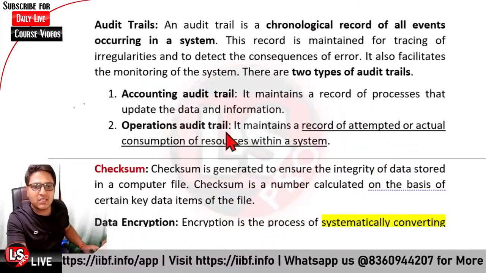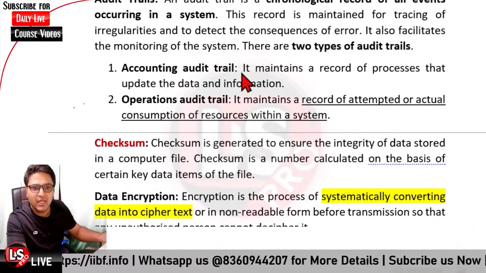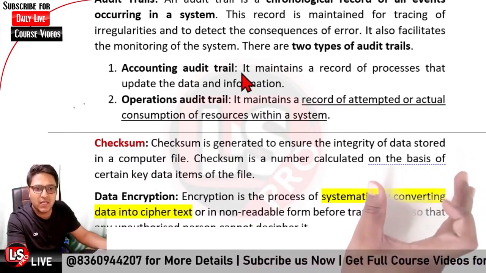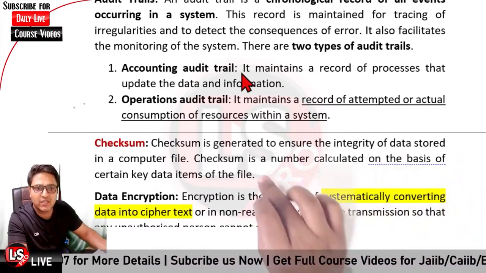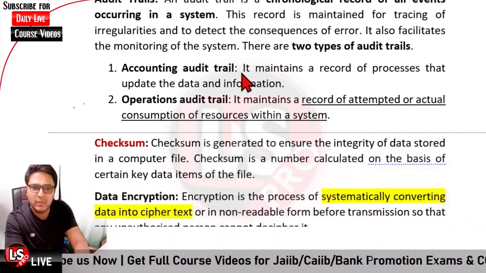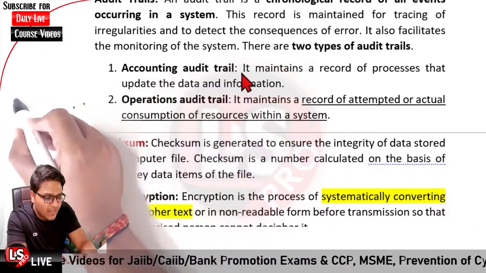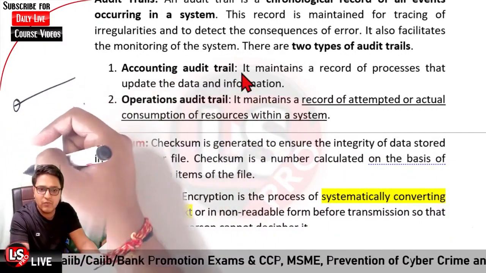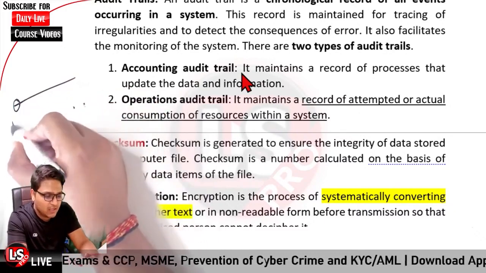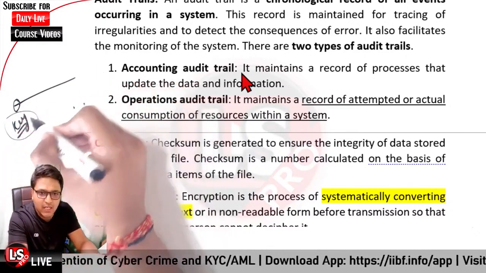Then it is regarding the checksum. So checksum is basically generated to ensure the integrity of data stored in the computer file. Checksum is a number calculated on the basis of certain key data items of the file. Basically, I can make you understand it like this: when some entry is retrieved from the system, a key generates some entry or some data.